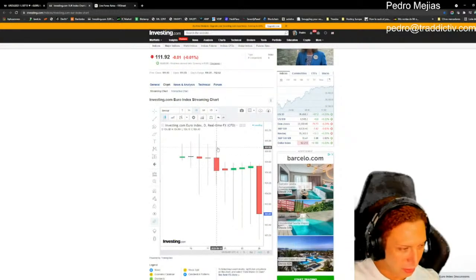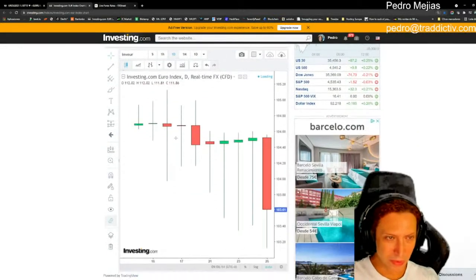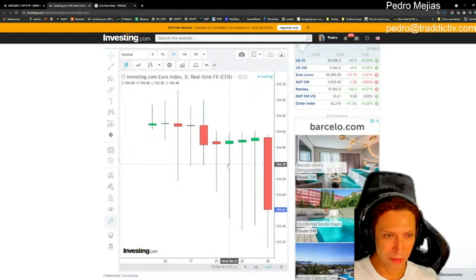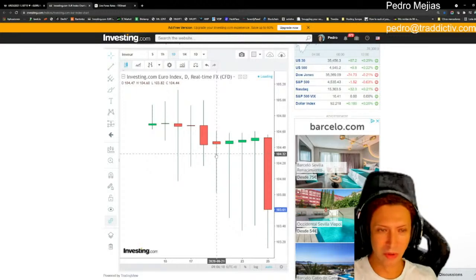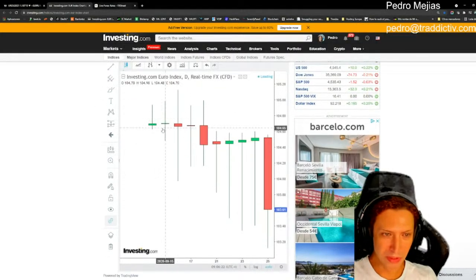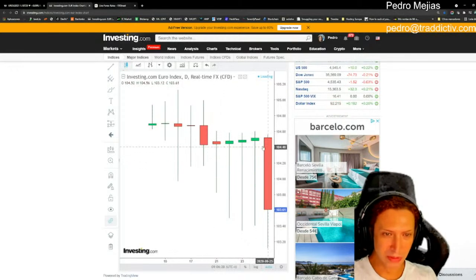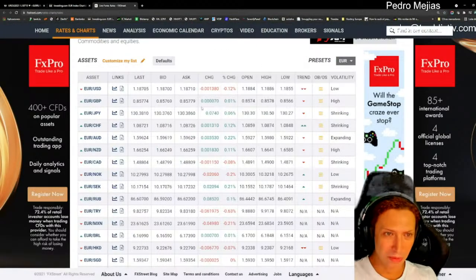To confirm that, we can look at another index here, for example investing.com. We can see how they compare the euro against all the other currencies in a very simple chart that shows how it's performing during the session. We can see a red candle, which means a bearish movement today. That confirms what we saw against the dollar, which is being negative.